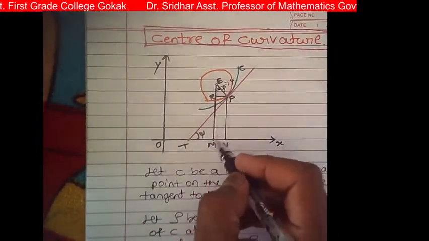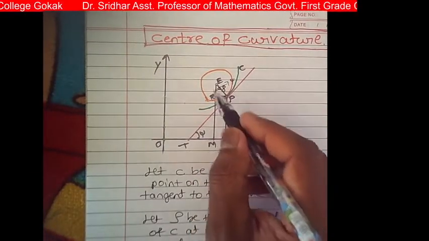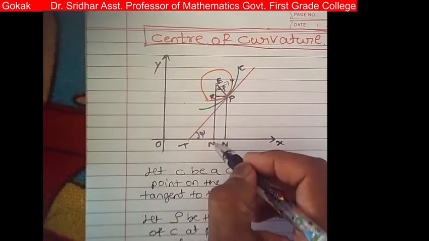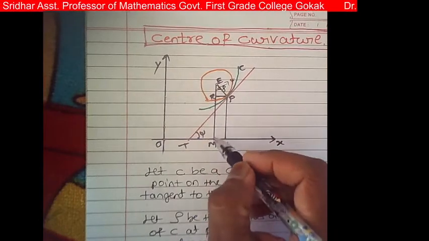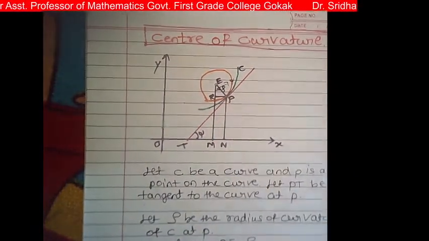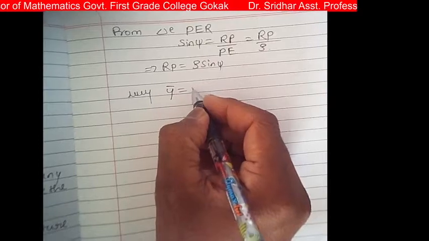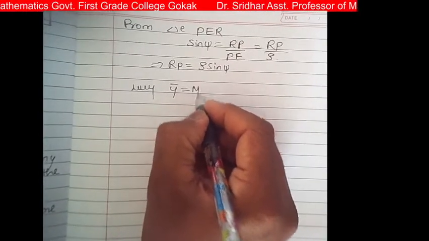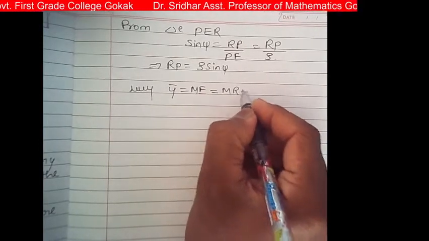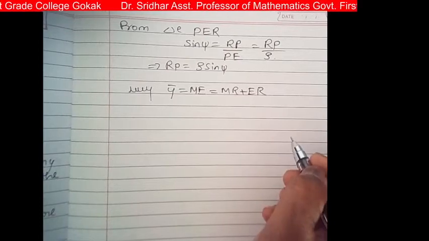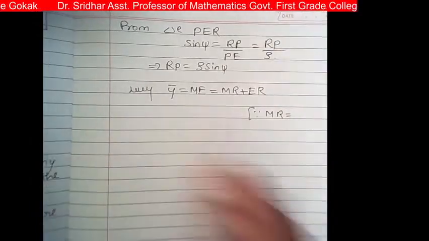So y bar is equal to ME, and ME is equal to MR plus, again from the figure, MR is parallel to PN.